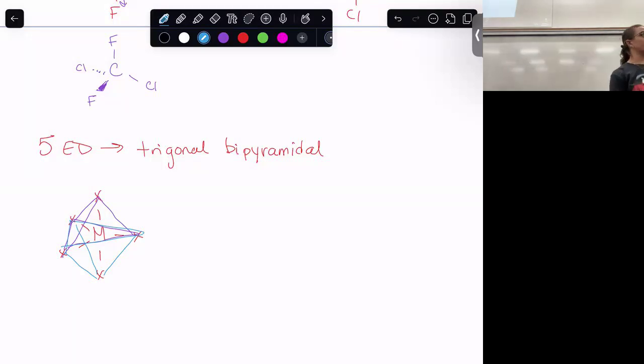When you start removing atoms, if you start creating lone pairs, I'm going to make these Y's on top just so we show the difference. We put a lone pair on our atom. We are going to remove it from the axial positions first.